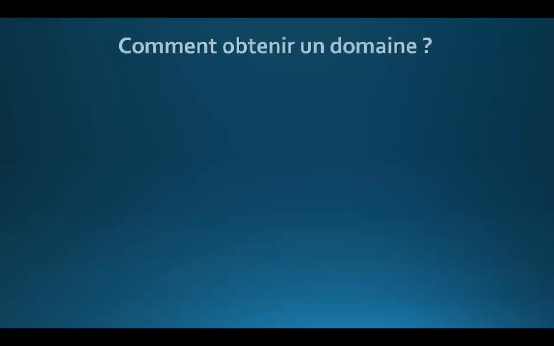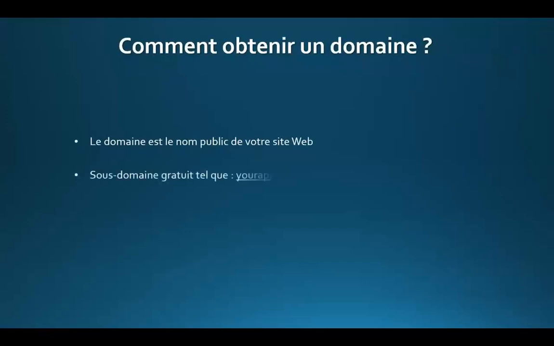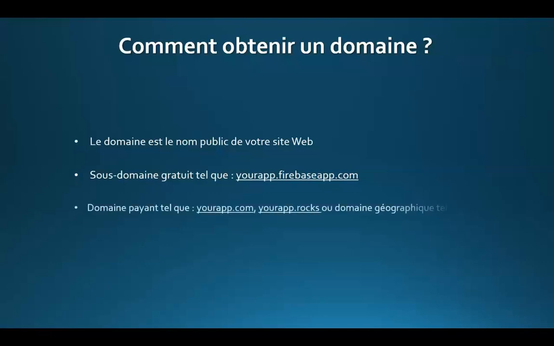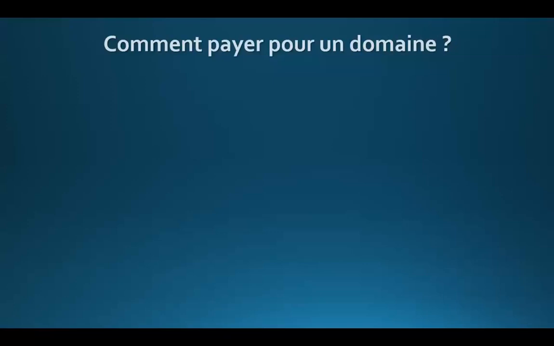Then, how to get a domain? The domain name is simply the public name of our website. You can have a free domain such as yourapp.firebaseapp.com, or you can have the choice to have a paid domain such as yourapp.com, yourapp.rocks, or with a geographical domain such as yourapp.fr. Then, how to pay for a domain? Well, you have the choice of top-level domain such as com, net, or name.